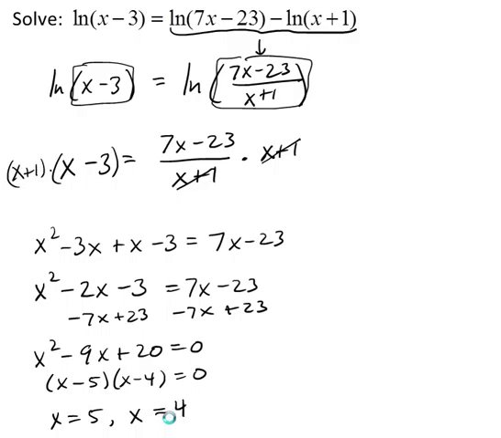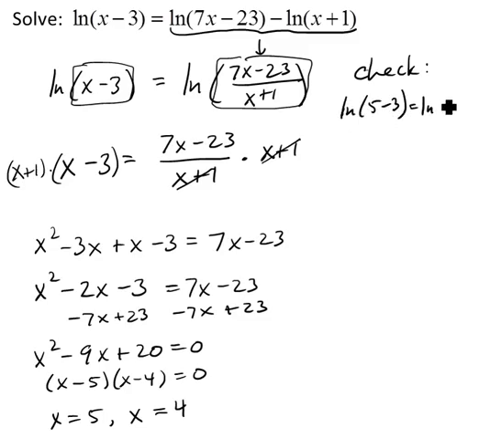So we need to check those answers. We need to check them enough at least to make sure that we are not getting any negative values inside our logarithms. So I'll start by checking the x equals 5. If x is 5, I get natural log of 5 minus 3.